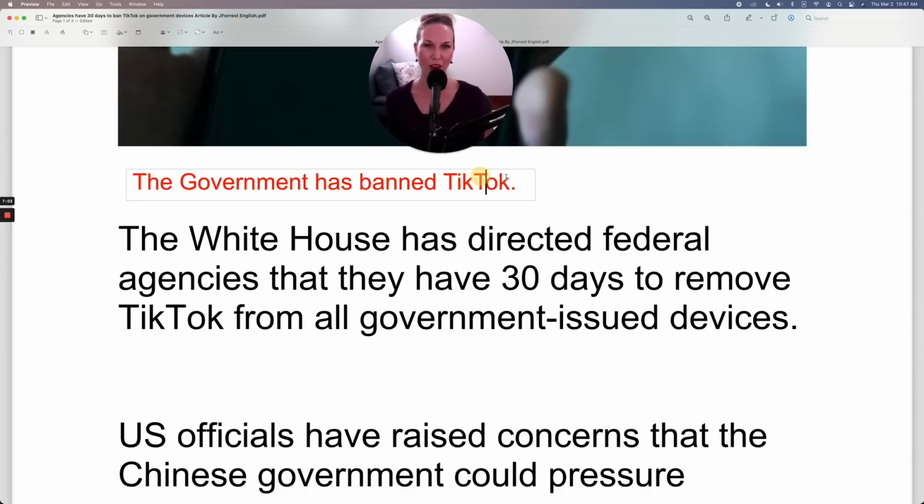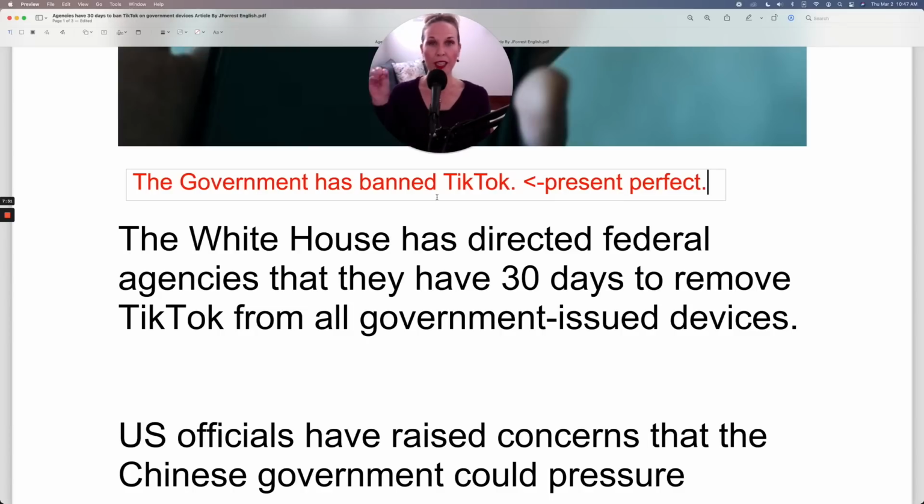TikTok. This is in the present perfect. Now, why did I put this sentence in the present perfect when I said it out loud? The government has banned TikTok. It's because it's a completed action. The government has banned TikTok, so you need to remove it from your device.